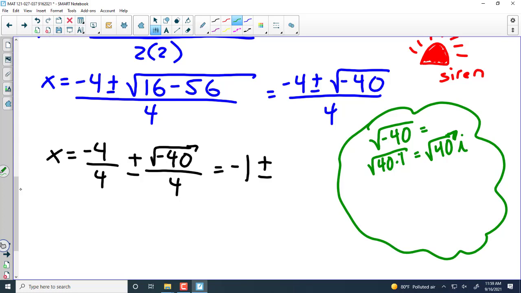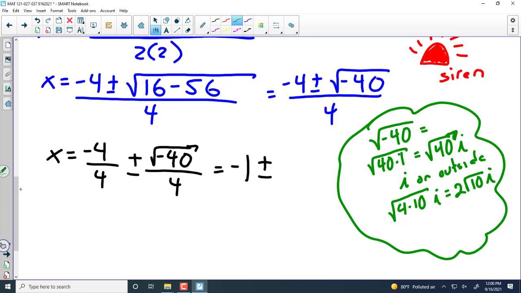The i is on the outside. Does anyone know the square root of 40 off the top of their head? Does anyone know 2 numbers that multiply to 40 where they know the square root of one of those numbers? 4. So this is 4 times 10, or 2 root 10 i.